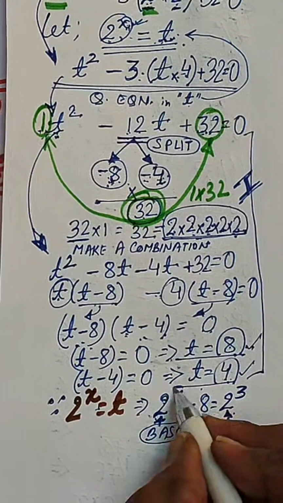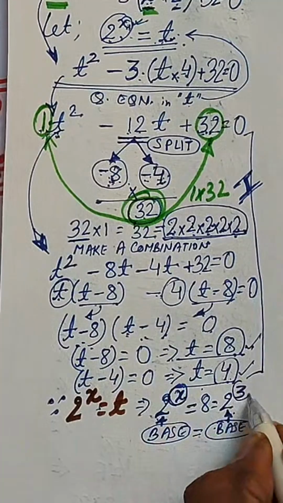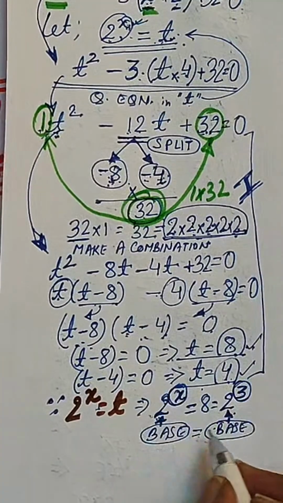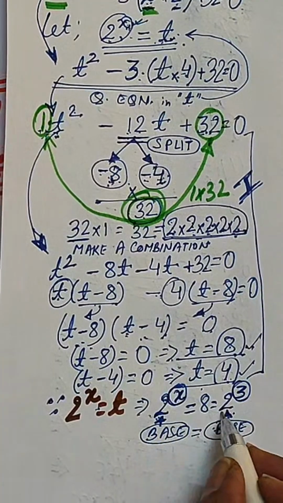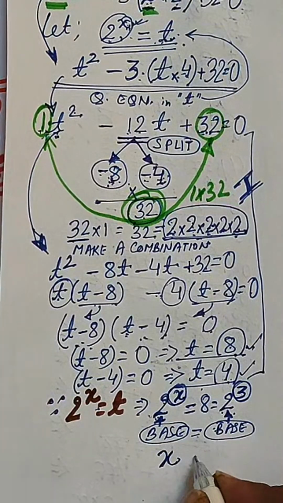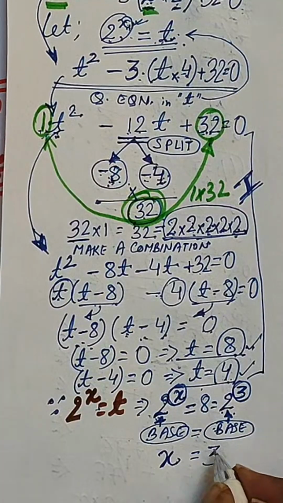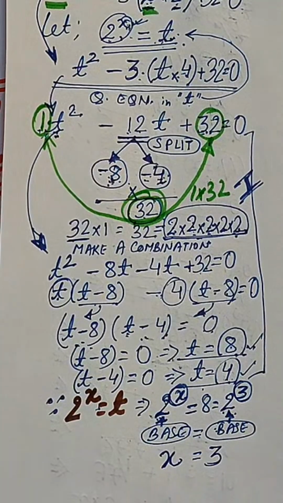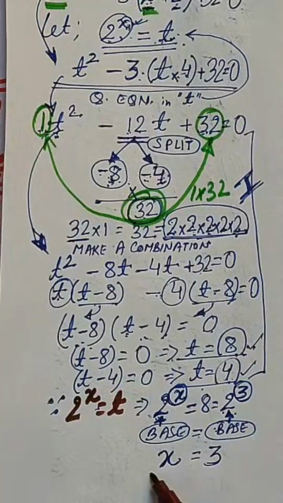So we can write x as equal to 3, because the bases are the same and the base is 2, right? So the value of x is coming as equal to 3.